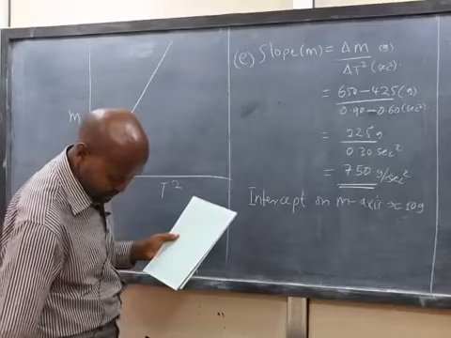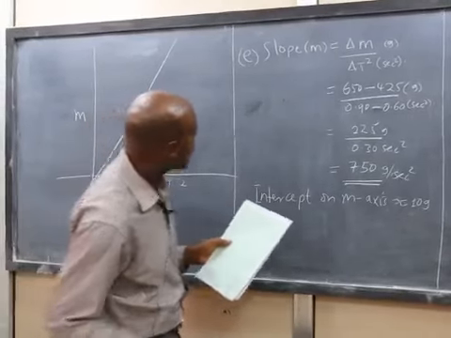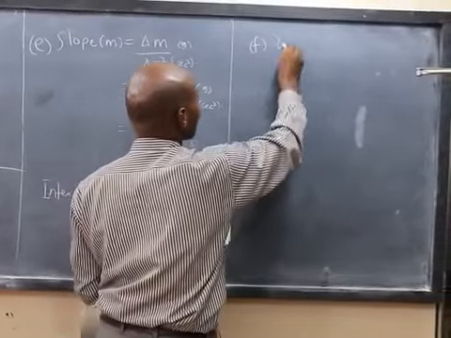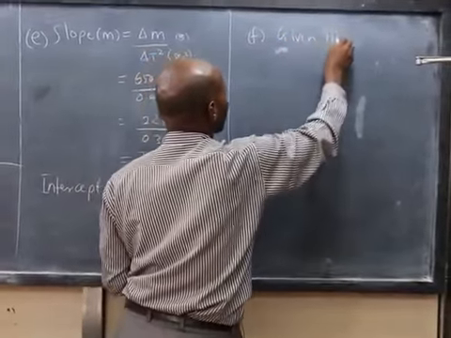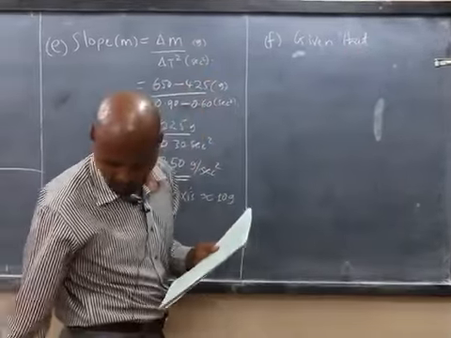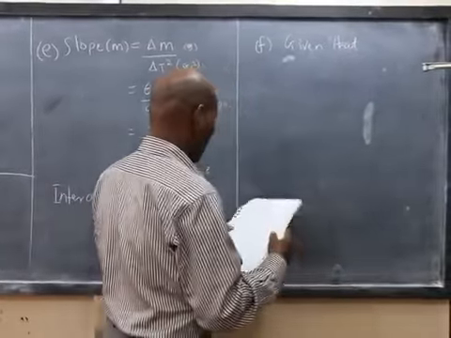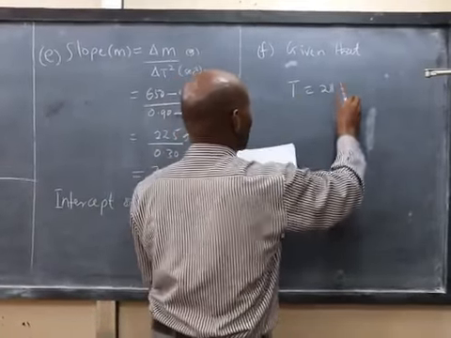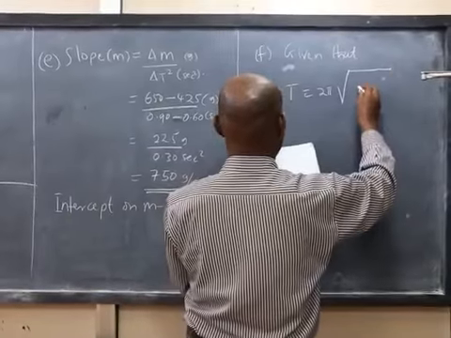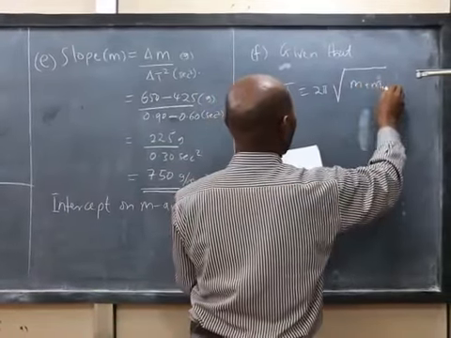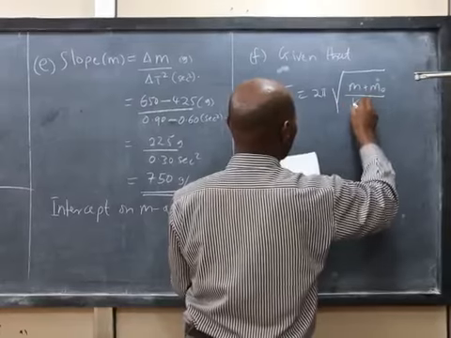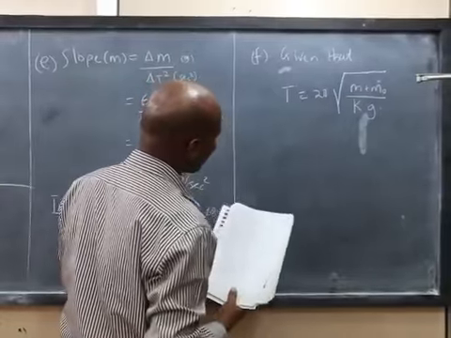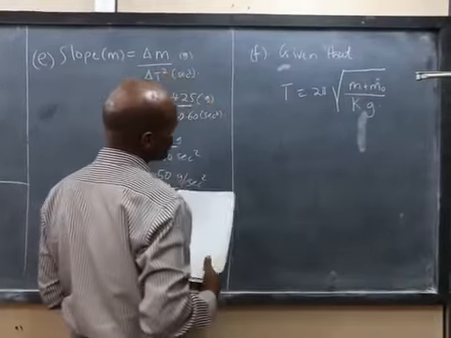Okay, now let us see F. Given that T equals 2 pi under root of (m plus m naught) over kg, let us make m the subject of this equation.